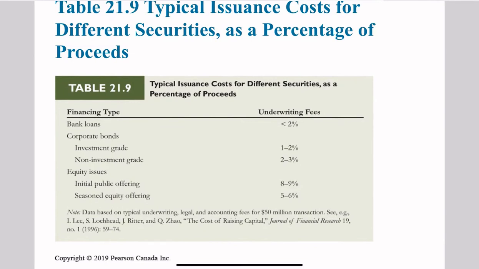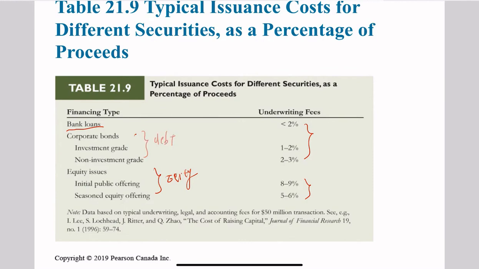We have bank loans, debt, and equity. Roughly speaking, bank loans and debt have a similar level of underwriting fees, about 2%. Issuing equity is much more expensive, depending on what kind of equity you're trying to issue. You could go from about 5% to 8%.